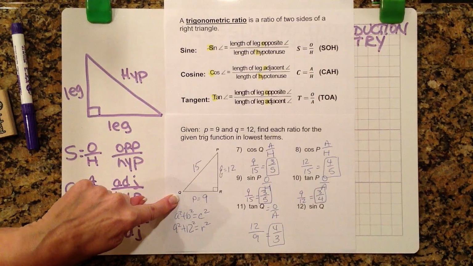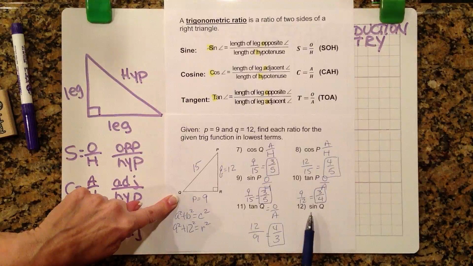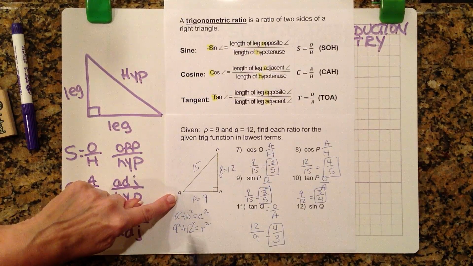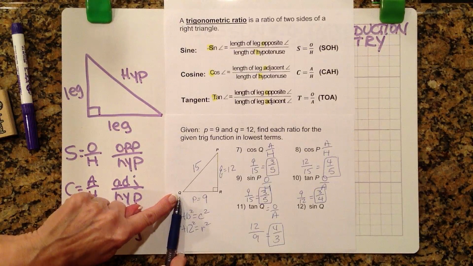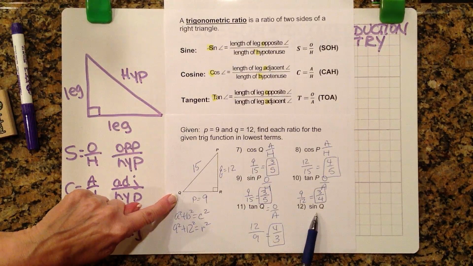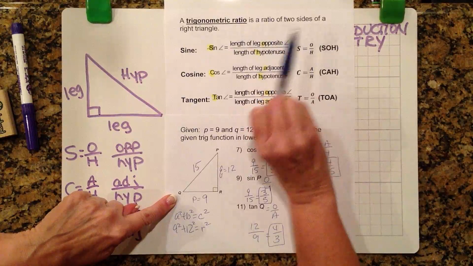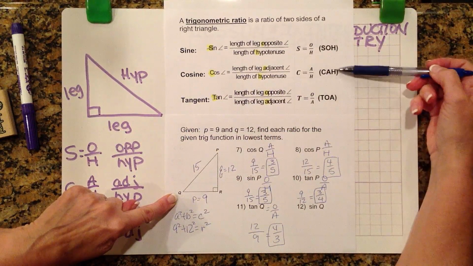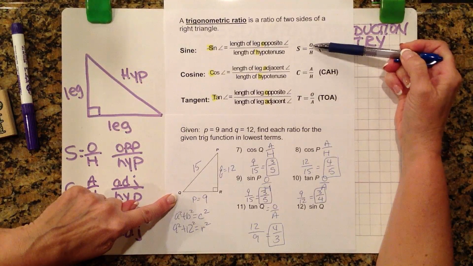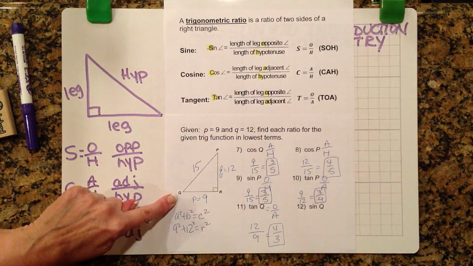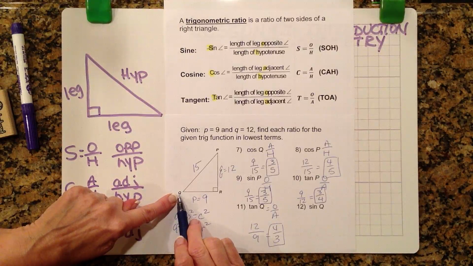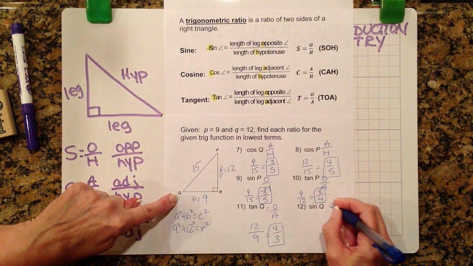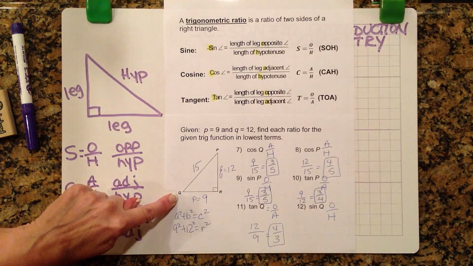Okay, this is our very, very last problem. Sine of Q. Okay, I want this angle right here. So in relation to this angle, what is the sine? What is the ratio of the two sides of that right triangle? Remember, SOHCAHTOA. Sine is the opposite side over the hypotenuse. Let me go ahead and write opposite over hypotenuse there.